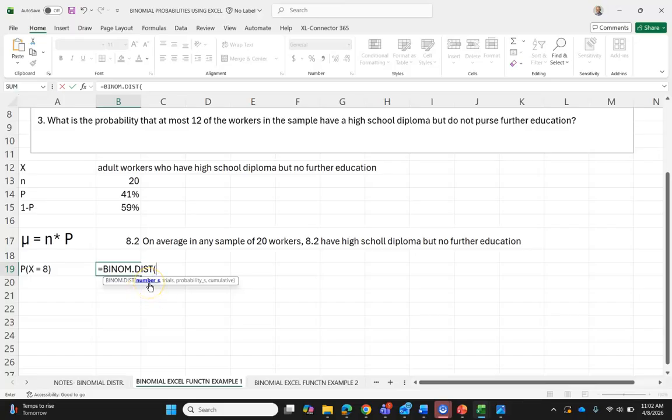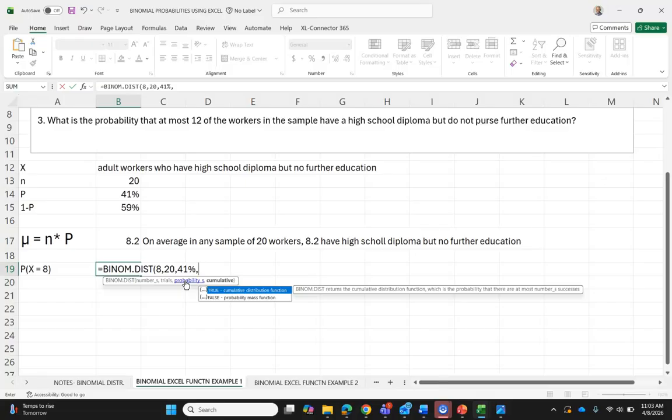The first thing we're looking for is the number S, which is the X, and in our case, X is 8. Second, we are looking at the number of trials, which is 20. Then the probability of success, which is 41%. And then we just keep putting a comma. Now, should we write true, meaning that it is a cumulative distribution, or false?